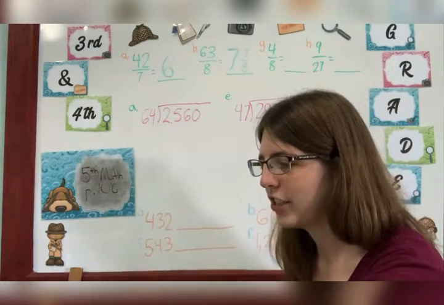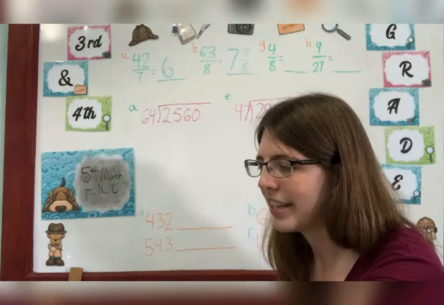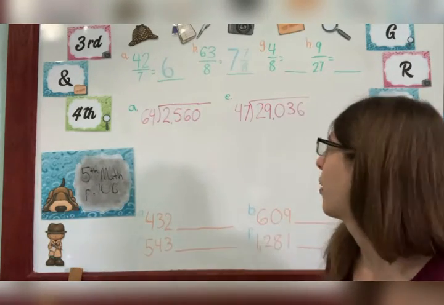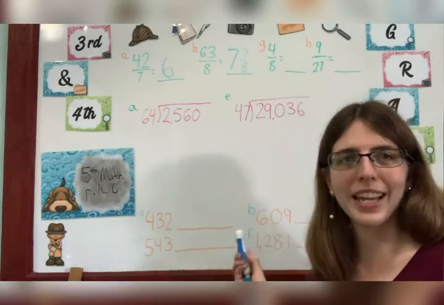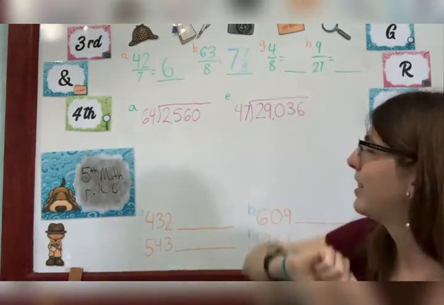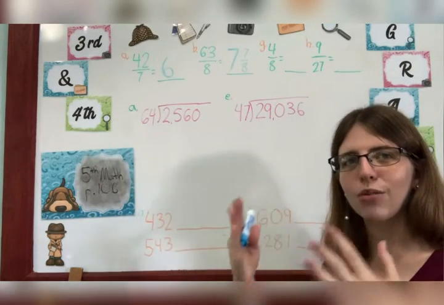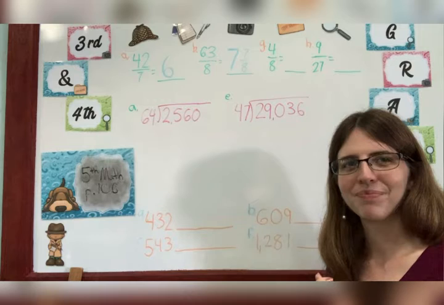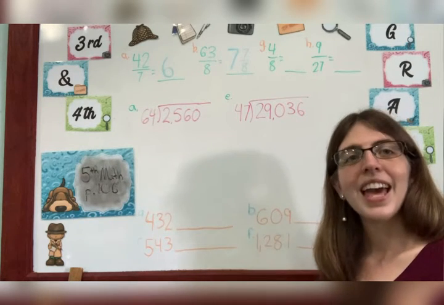You guys need to do letters C, D, E, and F by yourself. Now let's do letter G together. This is where we start reducing because we have a proper fraction. 4 eighths. What's the greatest common factor of 4 and 8? It's 4.